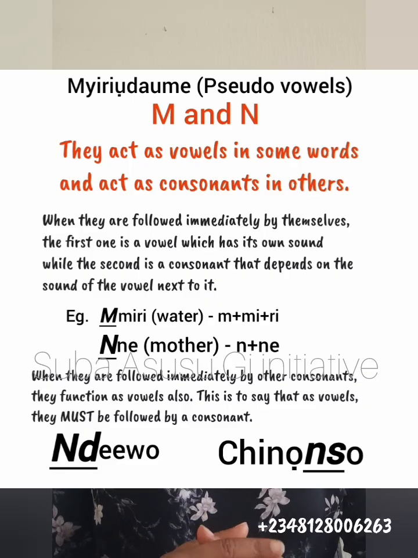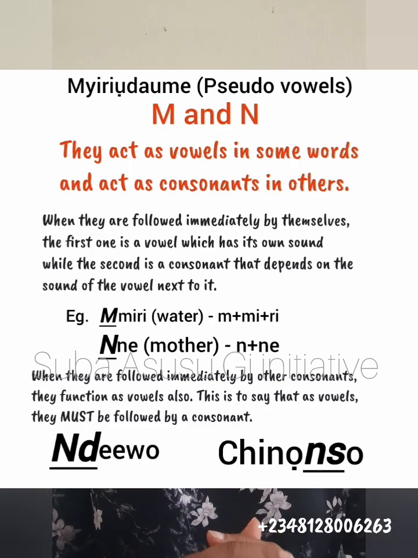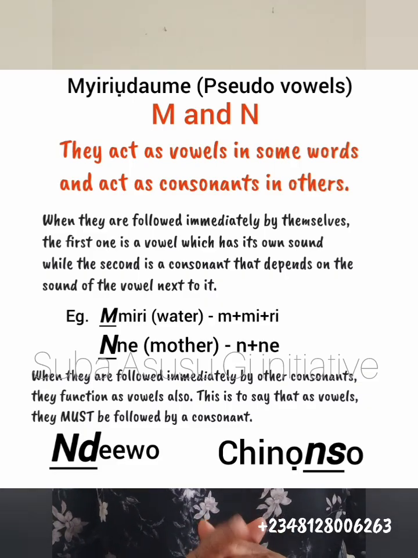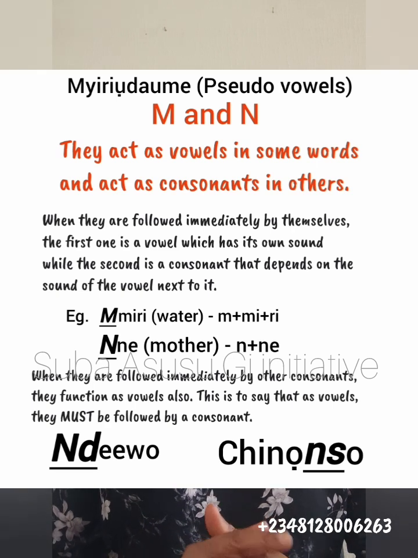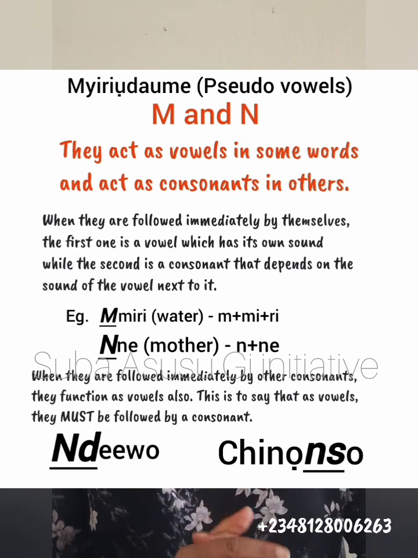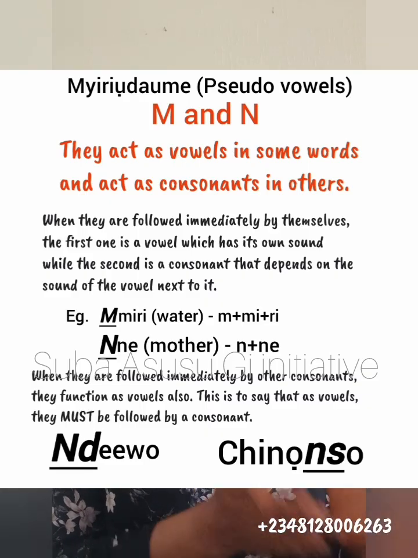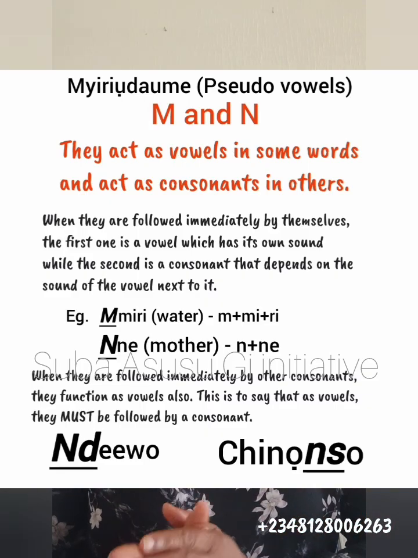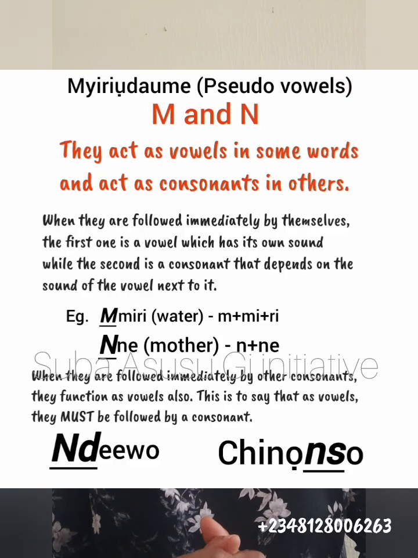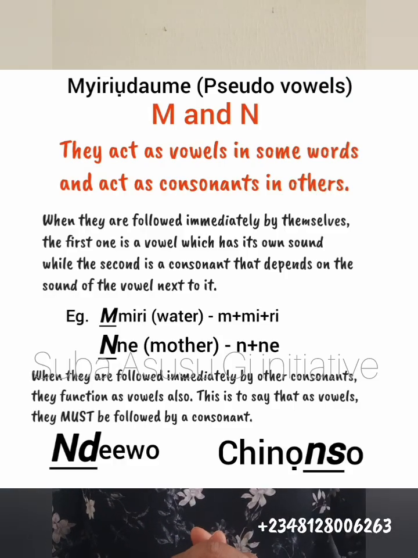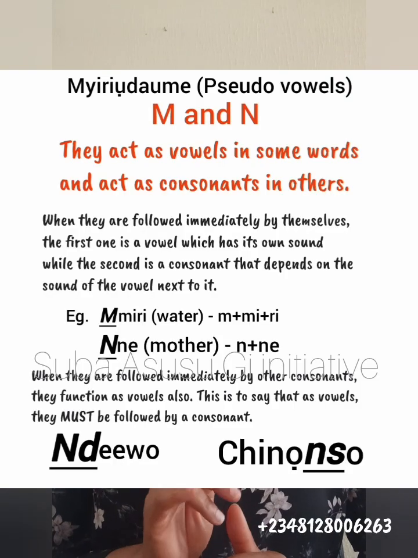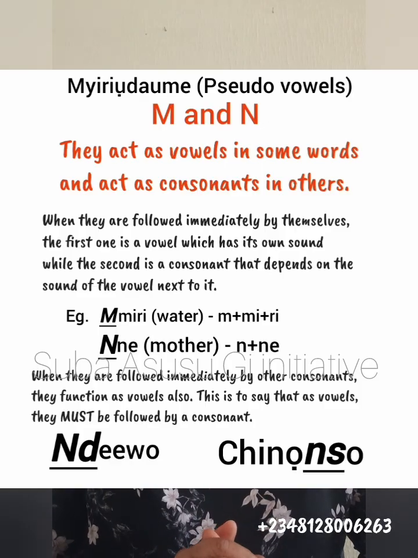Alright, so when you say they are miri udaume, they're on your screen. What do we mean by that? We mean that they act as vowels in some words and act as consonants in others. They act as vowels sometimes and act as consonants other times. So you see they are special. Okay? So let's see when they act as vowels.